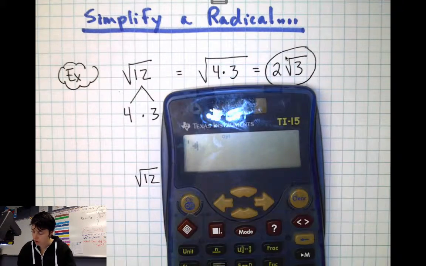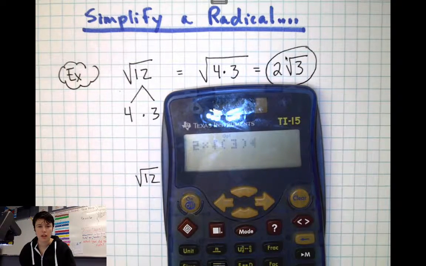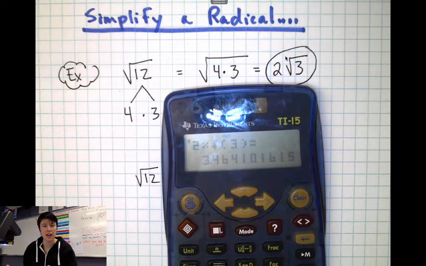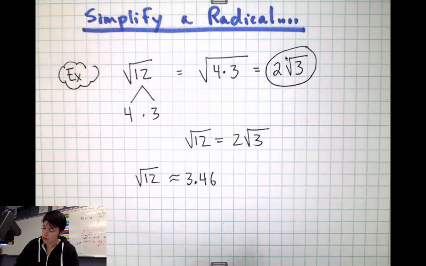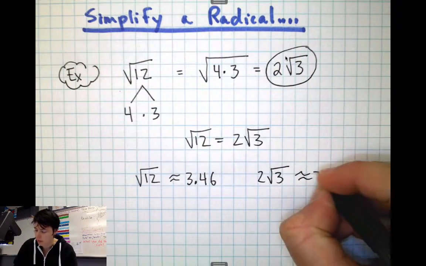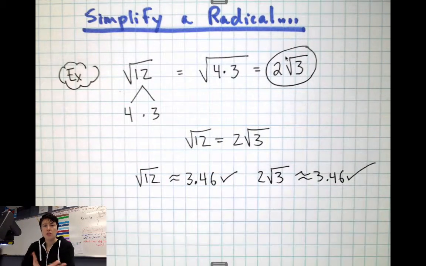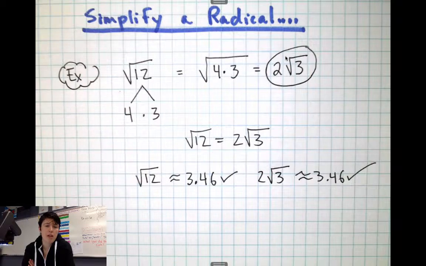So I'm going to do 2 times the square root of 3 and kind of double check it here. It should be the same thing. Look, it's 3.4641. It's that exact same decimal. So 2 radical 3 is also about equal to 3.46. They match each other. So essentially what I just did is I just checked my answer.